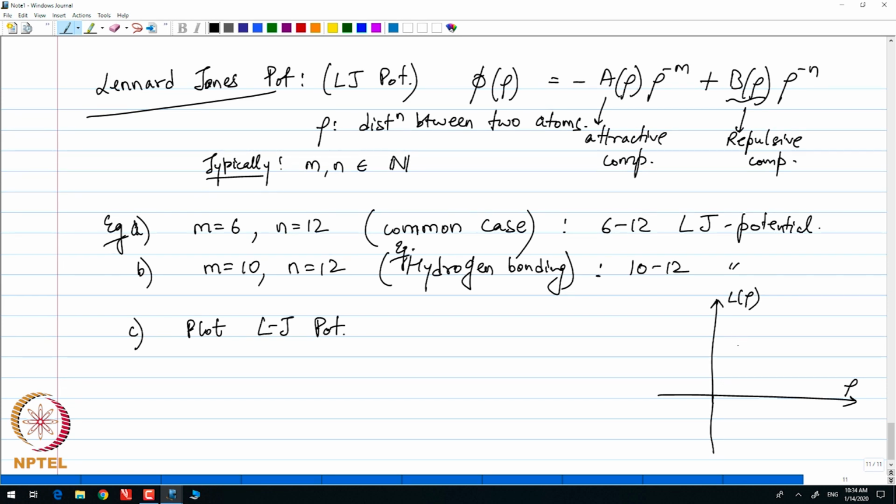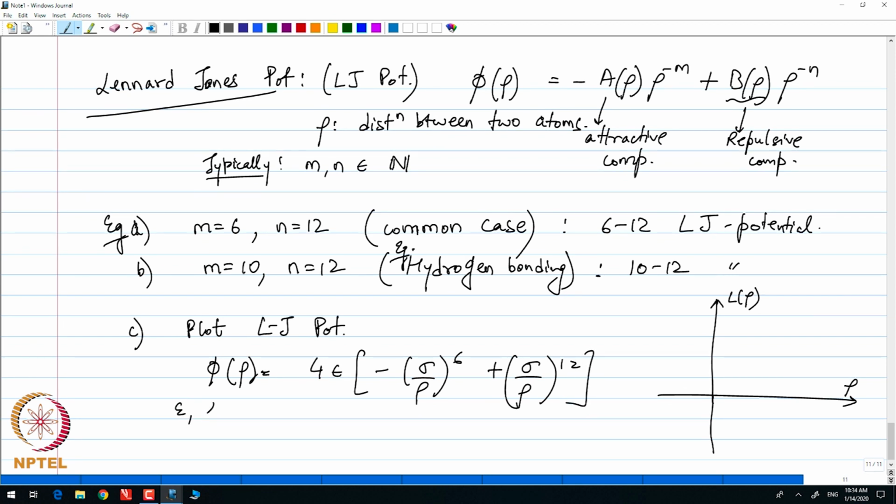Let us see, if we were to plot the following function, let us say phi of rho given by 4 epsilon times minus sigma by rho to the power 6 plus sigma by rho to the power 12, where my epsilon and sigma are constants, and they are real constants. Then if I were to plot this LJ potential, I see that this looks like the following.